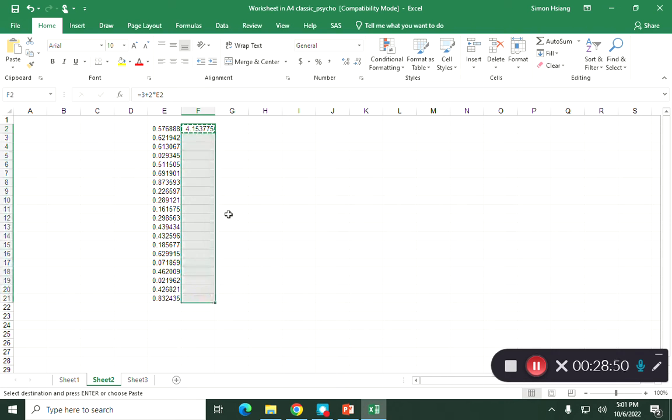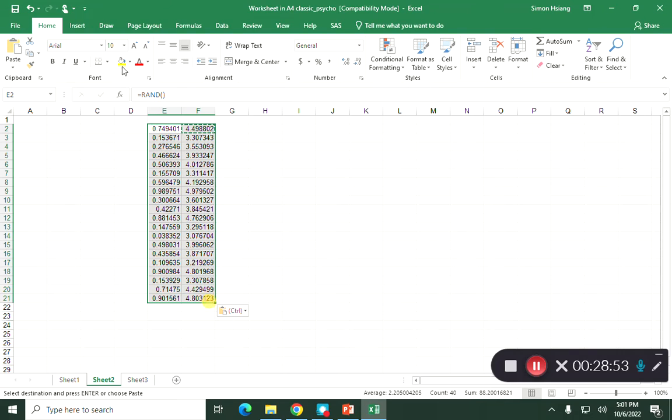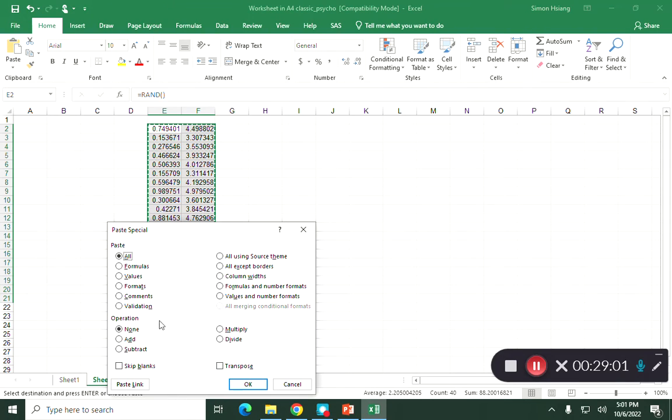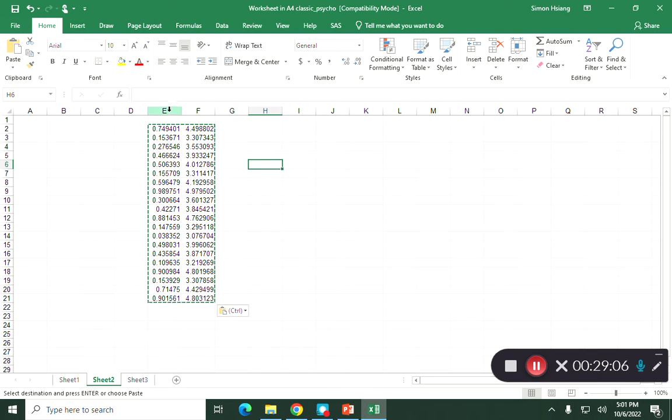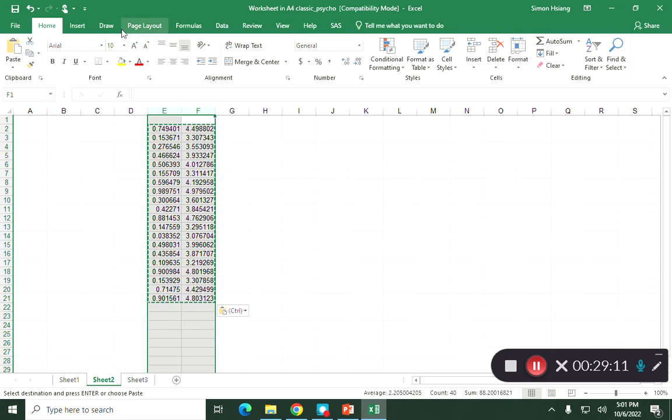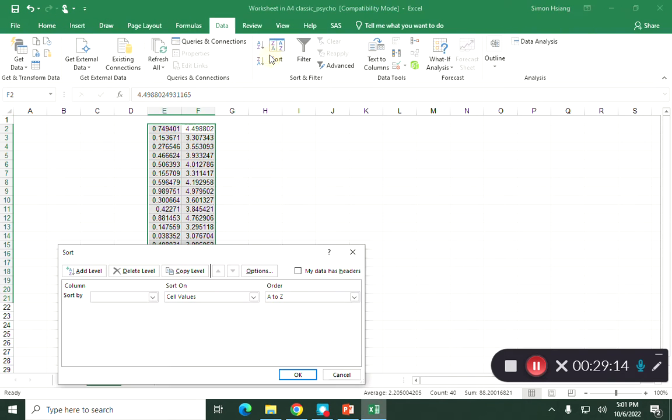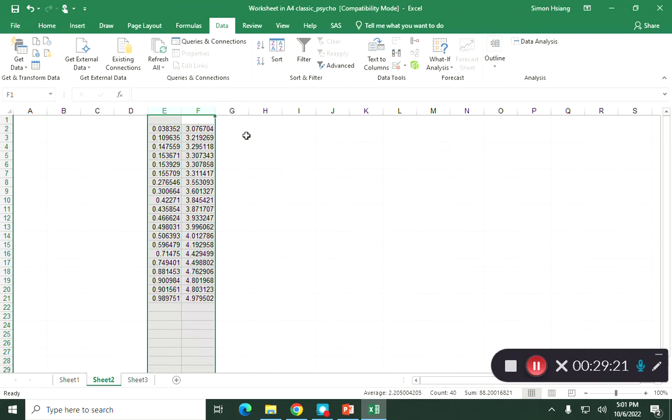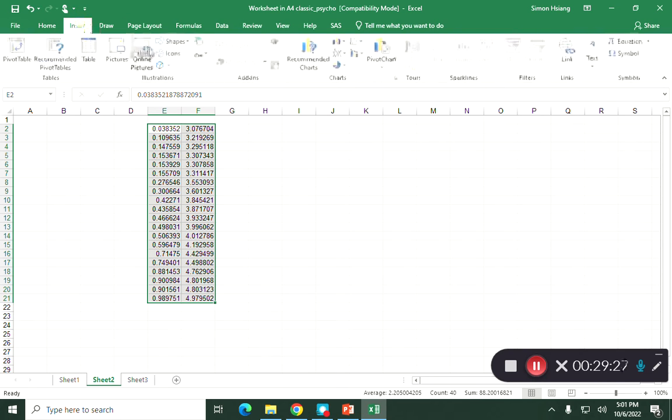Control C, paste special, value, locked. Then I can sort the data based on column E. If I plot these, it should be a perfect straight line.